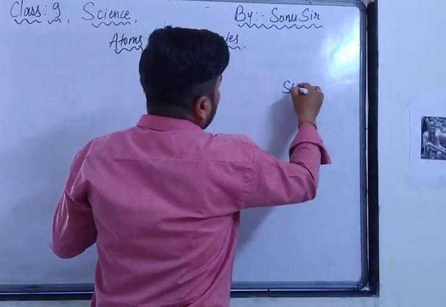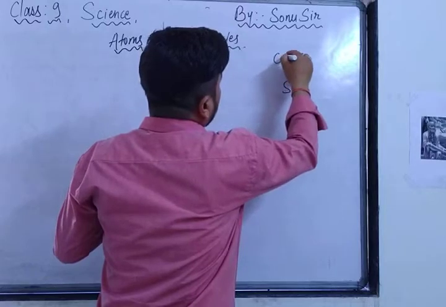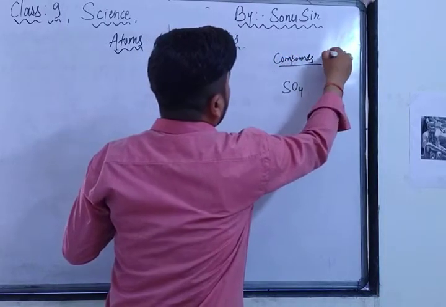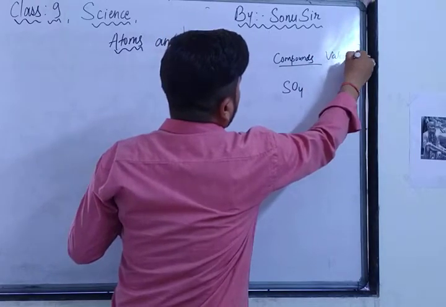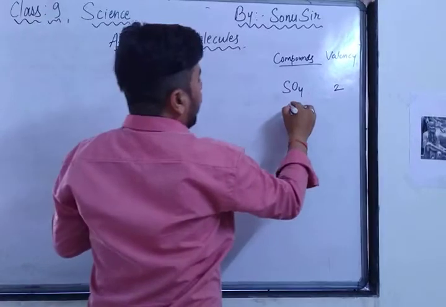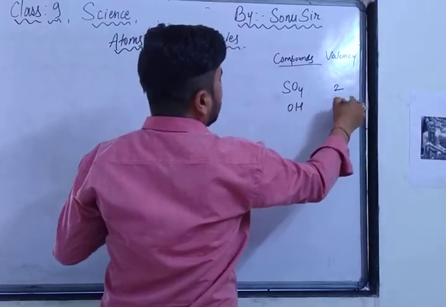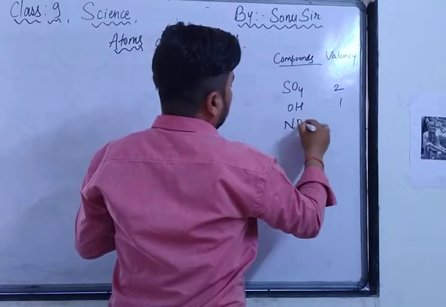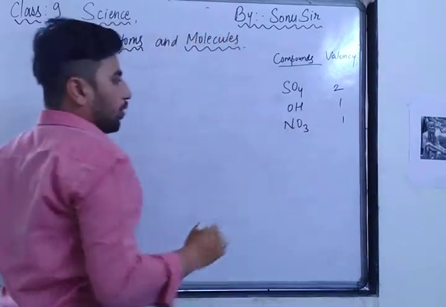See, here I am writing the valency of the compounds or radicals. The sulfate valency is 2. Hydroxide valency is 1. Nitrate, NO3, valency is also 1.